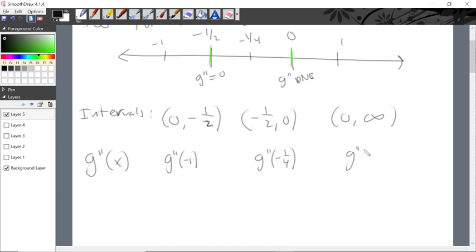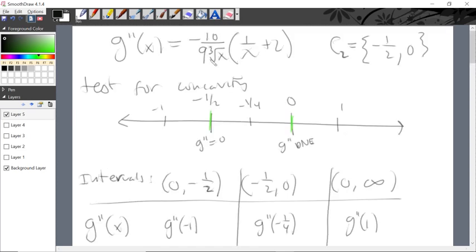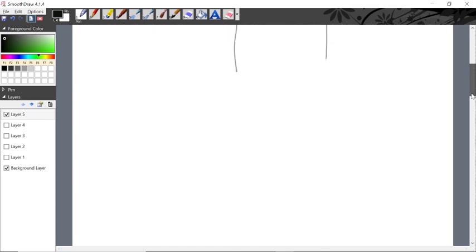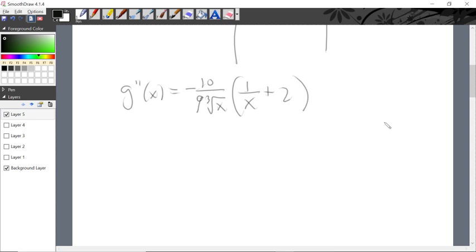What is g double prime of 1 going to look like? Let's take our factored form of g double prime here. g double prime of x is equal to negative 10/9 cube root of x times 1 over x plus 2.